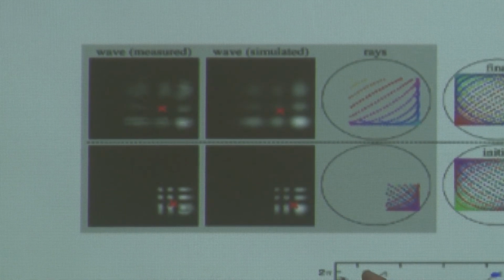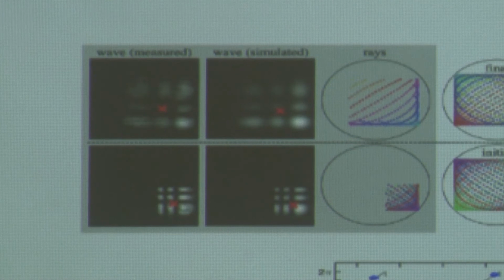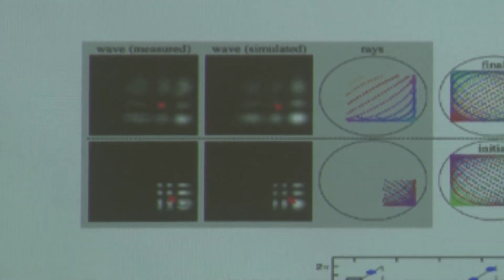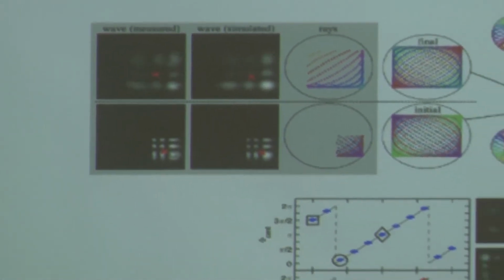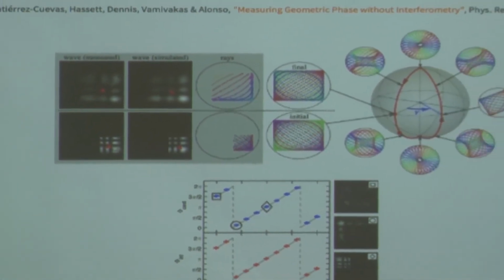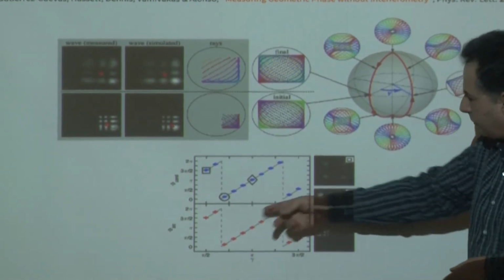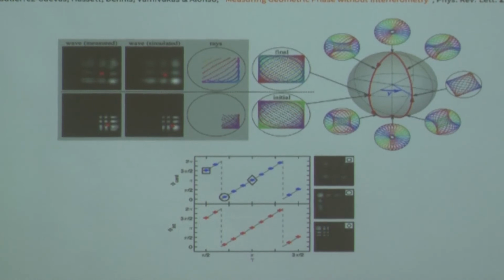And with that, just looking at the center of intensity, you can measure the geometric phase without any interferometry. It's just a geometrical transformation. So this shadow is essentially what you were saying, labeling the rays. And compared to interferometry, you get exactly the same phases.